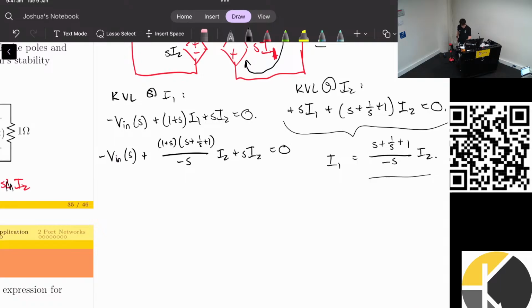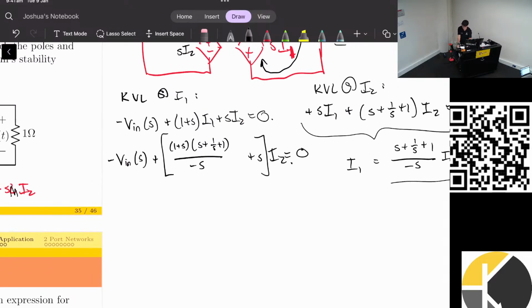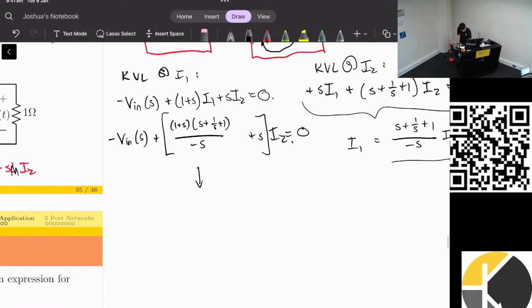So I can sub out I2 from both of these terms. So it can be like this. And now I have an equation relating V in to I2. That wasn't so bad. So now it's just algebra mash. So I'll simplify that ugly fraction to start with.